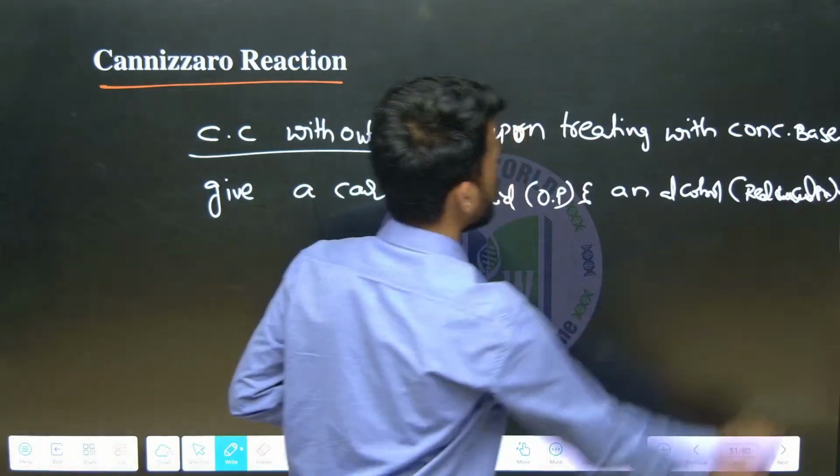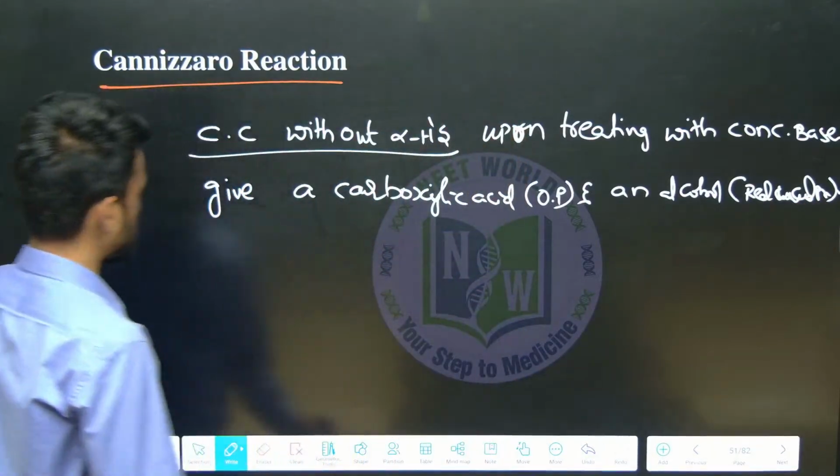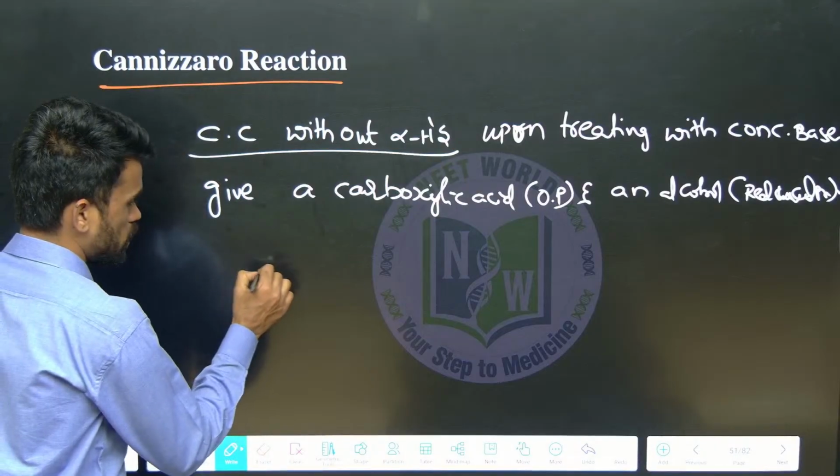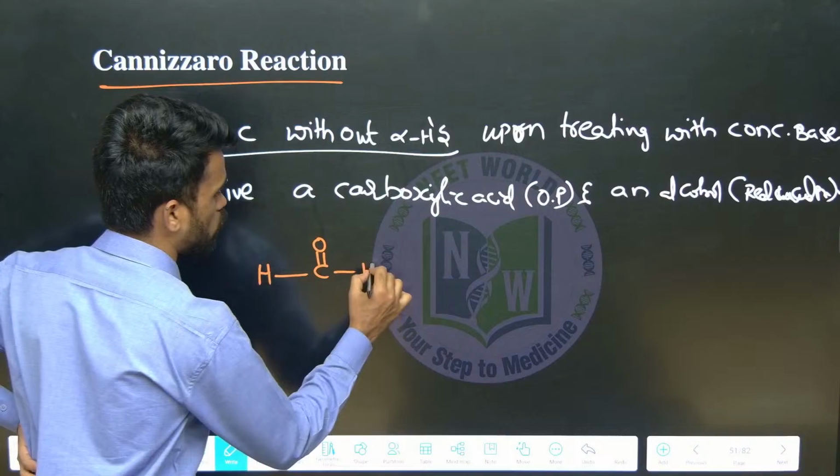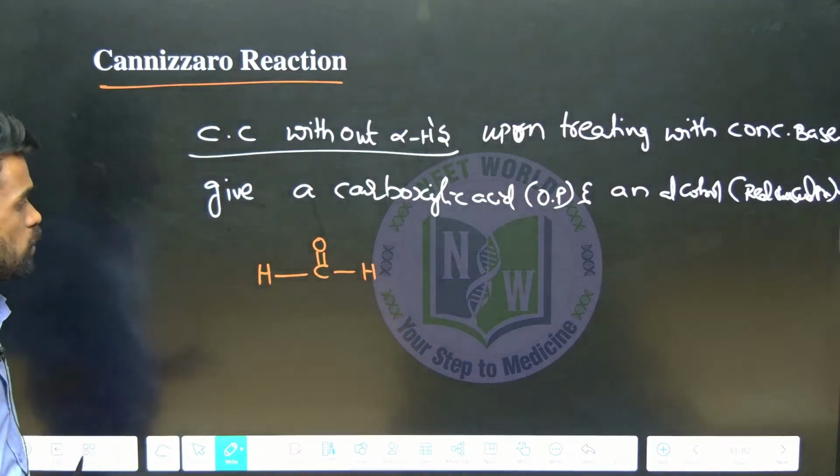So it is very easy, just follow. What is the primary condition here I am mentioning? The carbonyl compound should not contain any alpha hydrogen. So do we have any alpha hydrogen here? No.